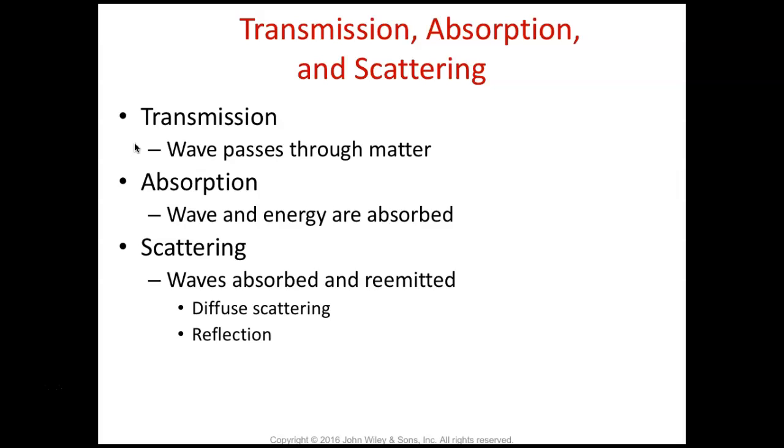The next is scattering. Scattering of electromagnetic waves is what happens when they're absorbed and then rapidly re-emitted in this process known as diffuse scattering. Most white materials like a wall or the piece of paper in front of you are going to scatter all wavelengths of light in all directions.